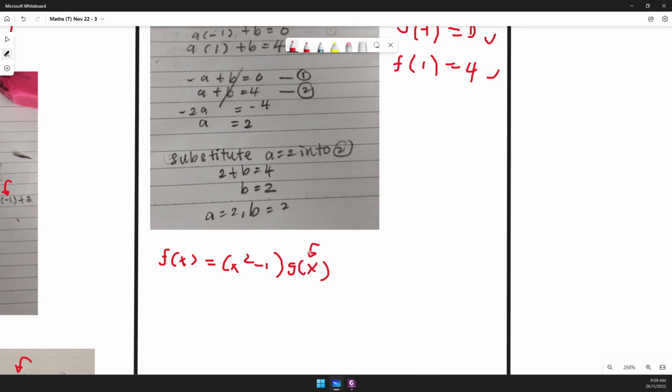We don't actually know what the equation is, so we cannot leave out the function and put something there. Then we have to put plus ax plus b.